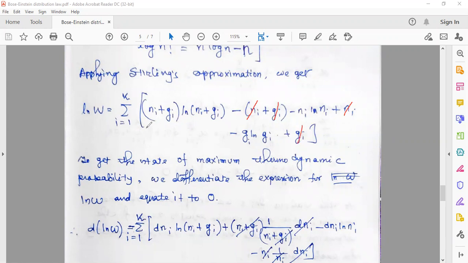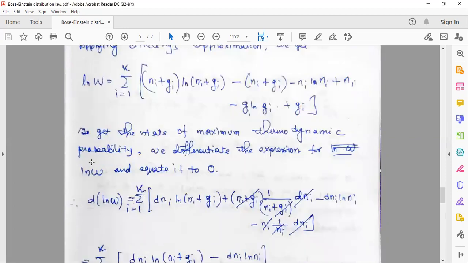So we will be having this quantity, this quantity and this quantity. These three expressions will be left for us because all the other ni and gi will just get cancelled because of plus minus signs. So let us check next what we can have.